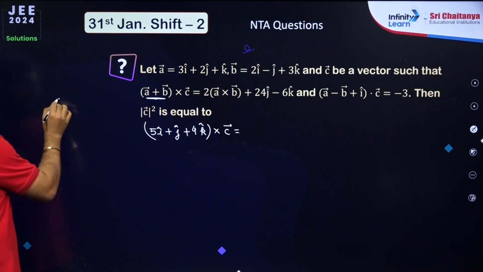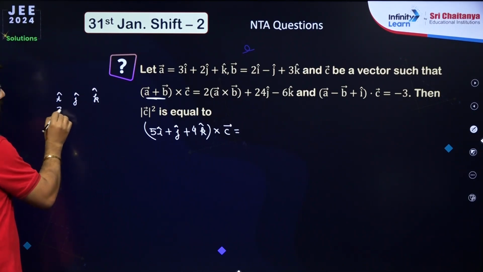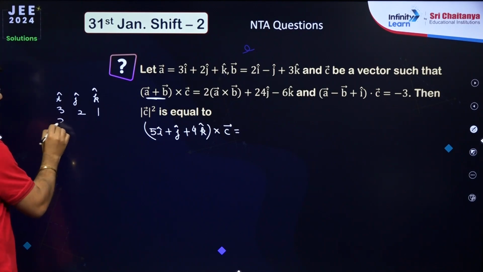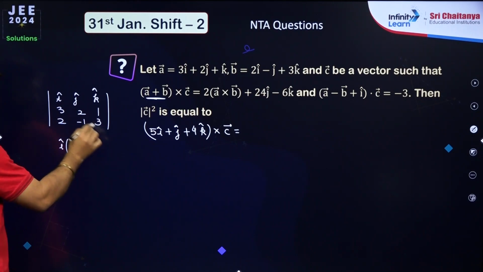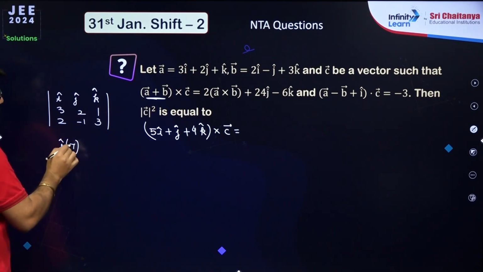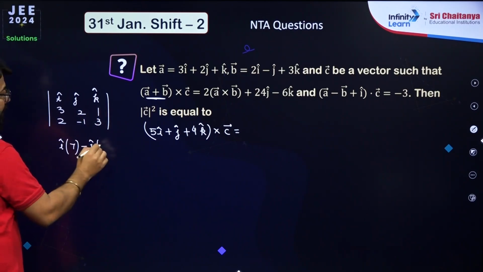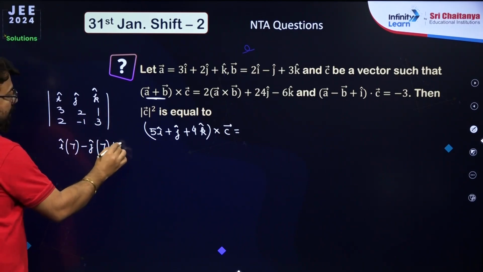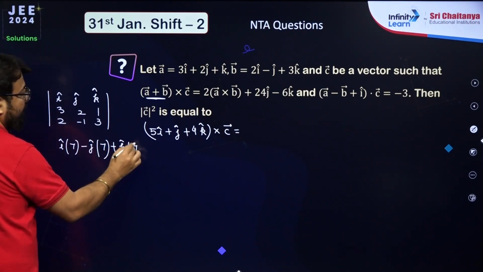For the cross of a cross b, I, J, K, and here I will have 3, 2, 1 and here 2, minus 1 and 3. So I cap times 6 minus of minus 1, that will become 7. J cap times 9 minus 2, that is 7. And K cap times minus 3 minus 4, it will become minus 7.